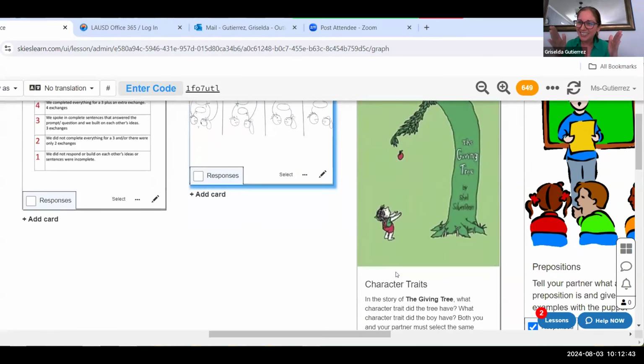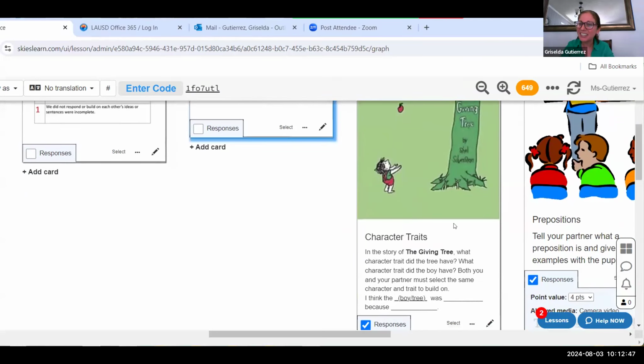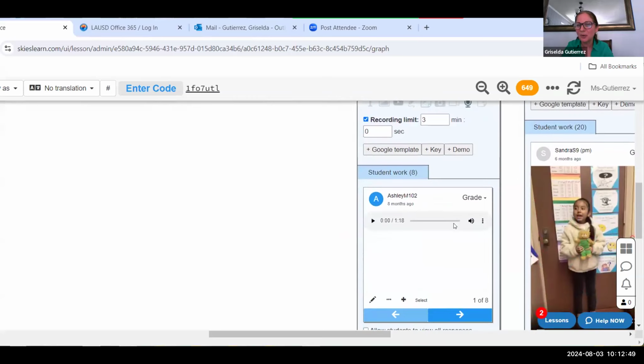Sorry, I'm going to add things in, and that's just how I teach. So for character traits, I had the kids use the program, and I did what we normally do. Kids, you're going to stand up, hand up, pair up, using that strategy. They paired up, but they had to take their iPads, because we use iPads in first grade.